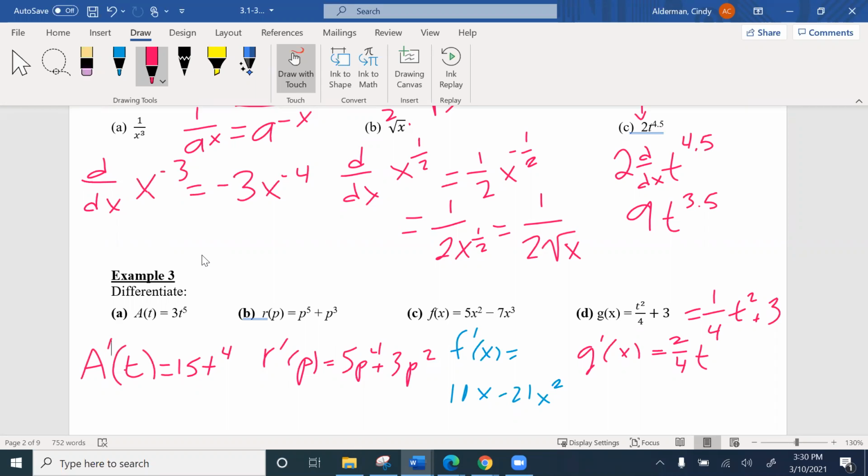What's the derivative of a horizontal line? 0, right? So when we differentiate a constant 3, it just goes away when you're differentiating. Any questions? Oh, and obviously we should reduce that fraction. And another way you might see that in Wiley is something like t over 2 instead of 1/2 t.